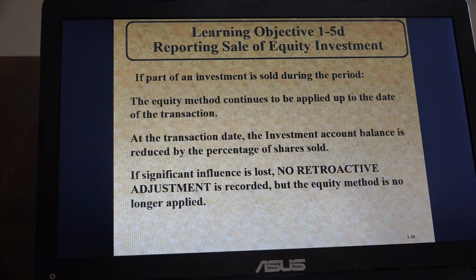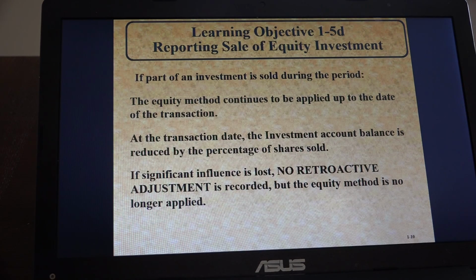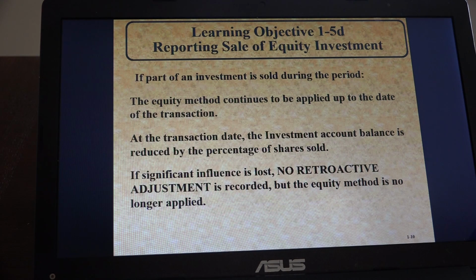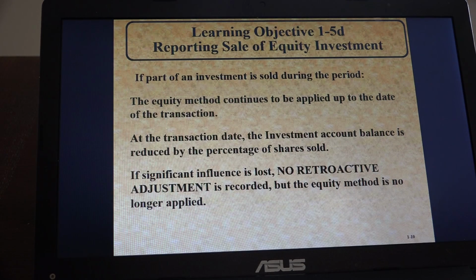And then the second set of entries deals with the actual sale. Here they're selling 1/4 of their investment in this investee company, and the balance as of the date of the sale in the investor's investment is $336,000, and so they're selling 1/4 of that for $110,000.